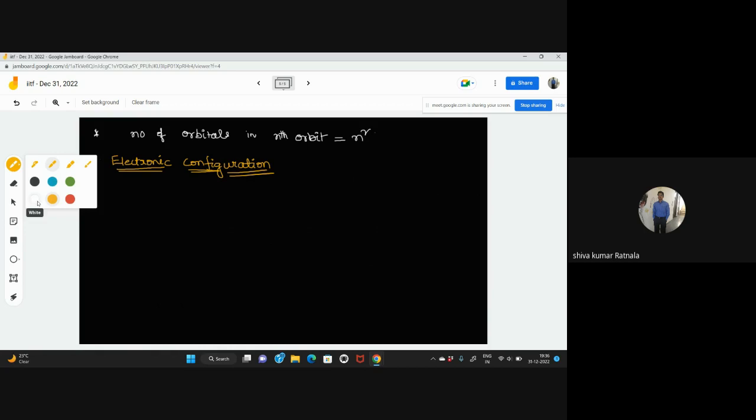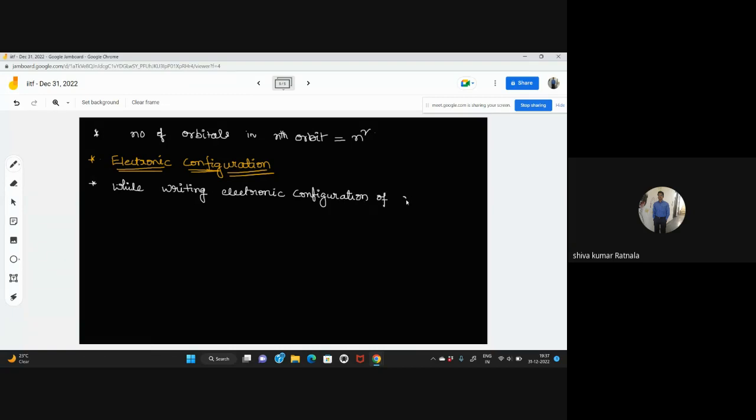While writing the electronic configuration of any atom, we need to follow three rules.